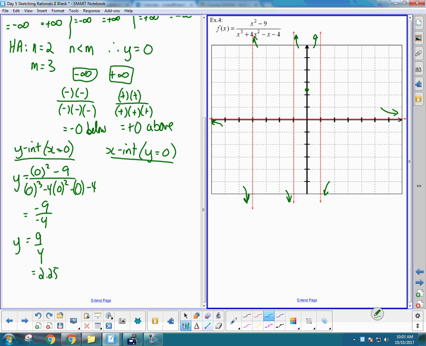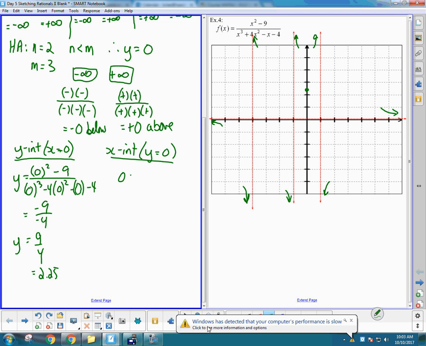Now the x-intercept. The x-intercept I'm really interested in because I'm curious if I'm going to have that bump over here. So I'm anticipating I'm going to have an x-intercept someplace around here, maybe around 3 or 4 or so, and might be able to explain why I have that graph coming from above. So the x-intercepts when we have the top.